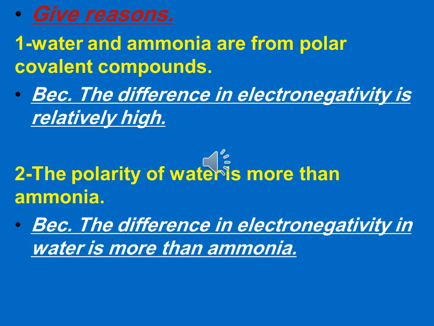So the difference in electronegativity in water was higher than in ammonia. That's why the polarity of water is more than the polarity of ammonia. Water is a stronger polar compound because the difference in electronegativity in water is more than in ammonia.